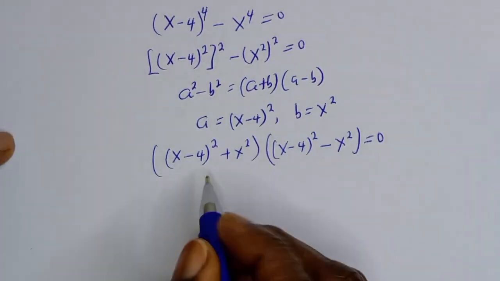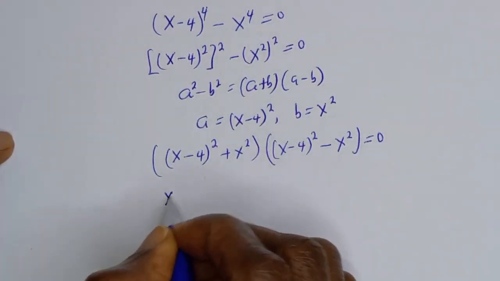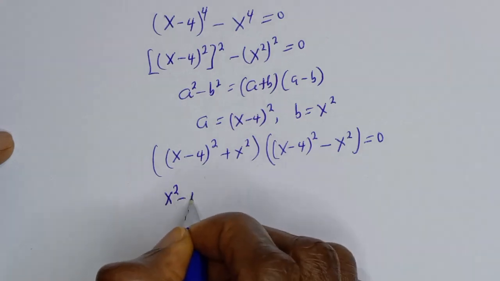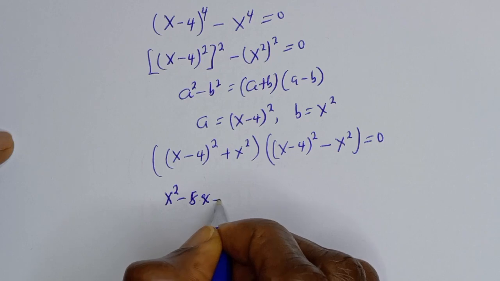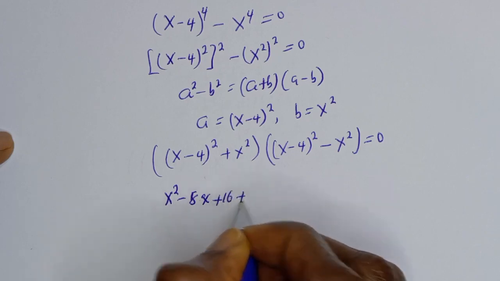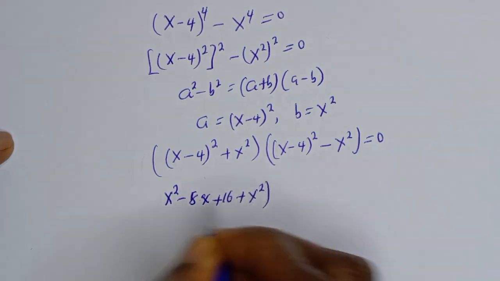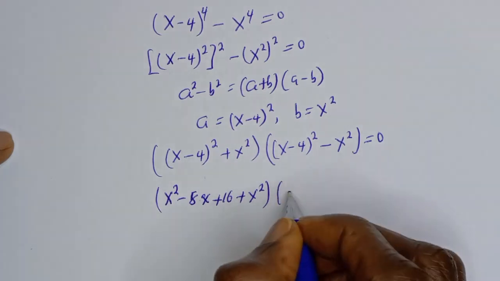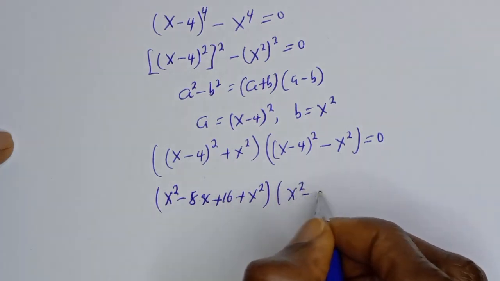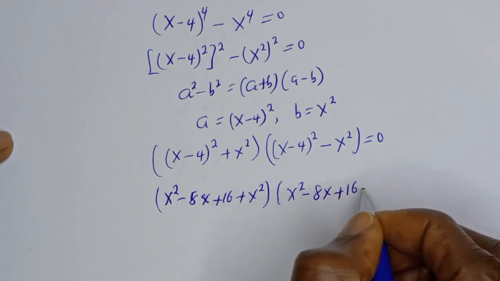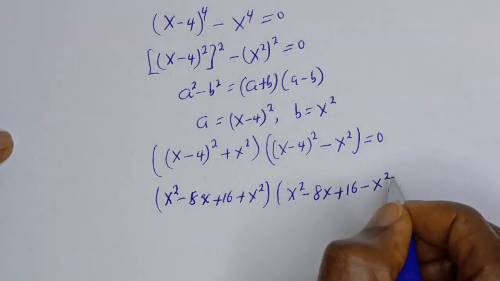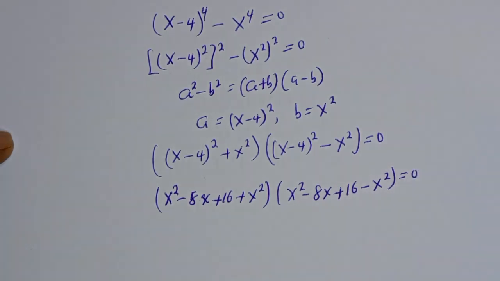Then (s − 4)^2 can be written as s^2 − 8s + 16. So this is (s^2 − 8s + 16 + s^2)(s^2 − 8s + 16 − s^2) is equal to 0.